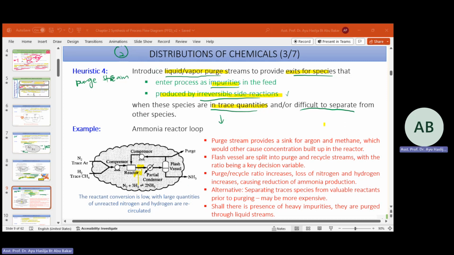If in your byproduct, let's say this methane is in high composition, let's say perhaps you produce 40%, then it is feasible to separate it and to store and sell rather than flare it.